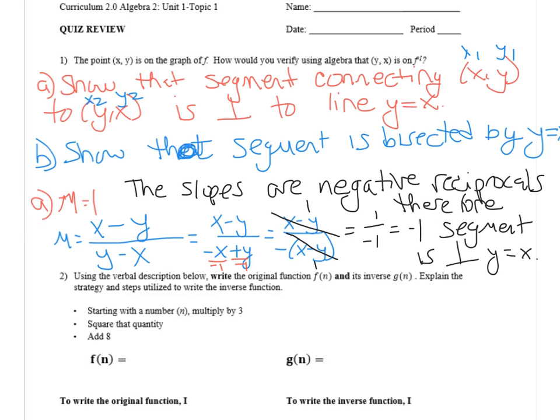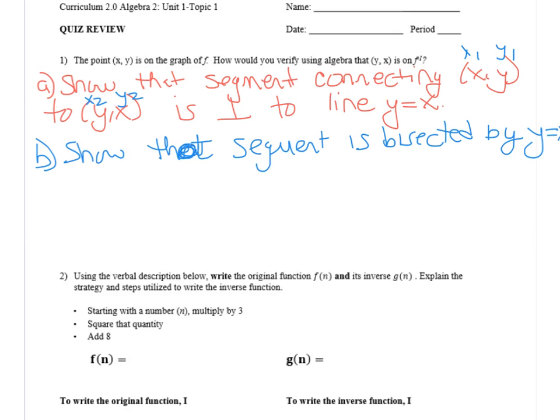And now we're going to have to show the bisector. So to show that the segment is bisected by y equals x, we want to show that the midpoint is on the line y equals x.